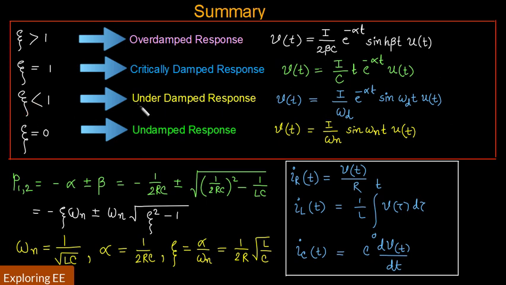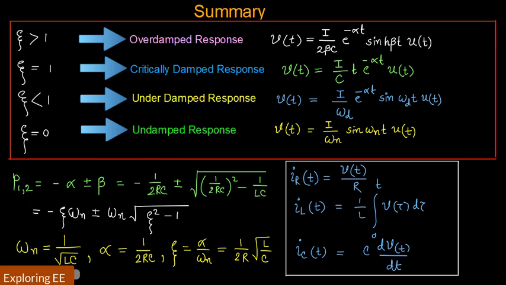For zeta less than unity, we have underdamped response given by this expression. Here omega d is the damped frequency of oscillation, and when zeta equal to 0, that is resistance is omitted, the voltage exhibits undamped response. In place of omega d we write omega n and alpha is 0, that is sustained oscillation.